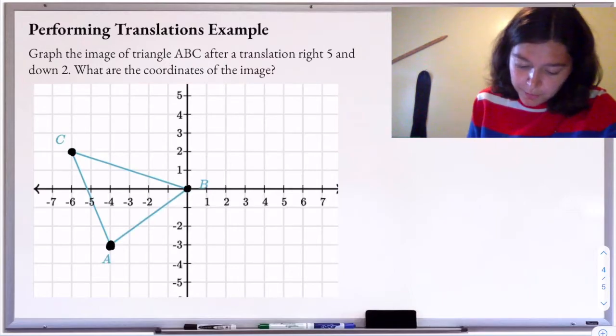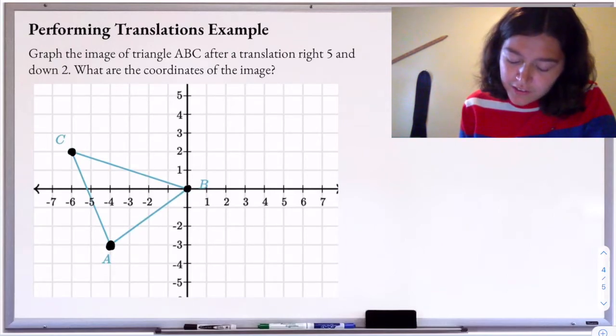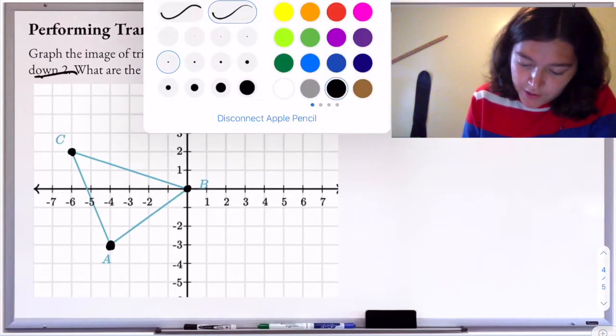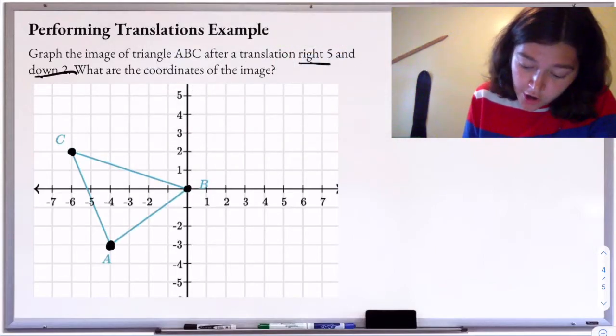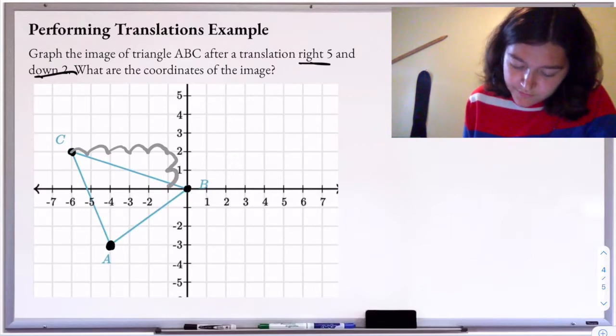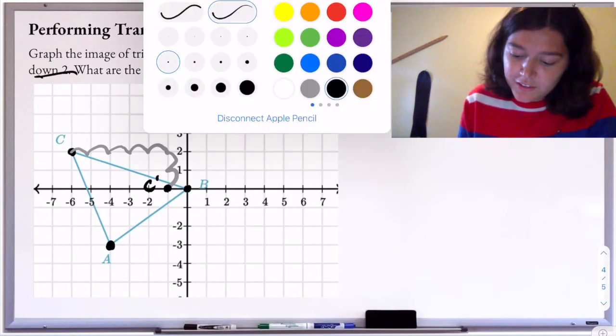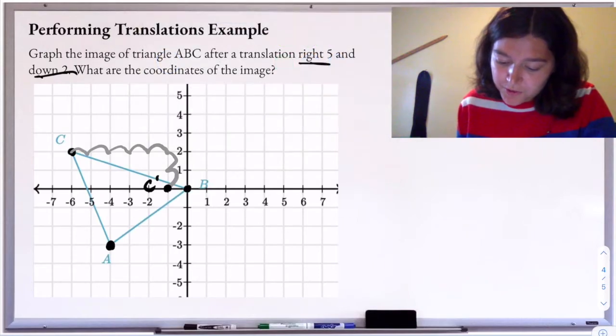So let's pick C to start with. C needs to go right 5 and down 2. Okay, so I will go right 1, 2, 3, 4, 5, and then I'm going down 1, 2. So this should be my new C, that's C prime. Now let's do the same thing with my other 2 points.